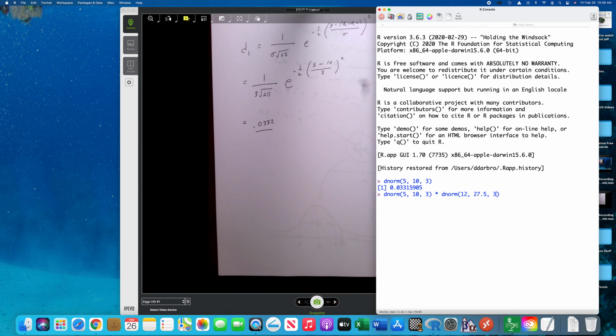And again, variance is 9. So the next is 10. Mean is 15. Standard deviation 3. So we get a value of 0.00 and then nine zeros, 2, 3.